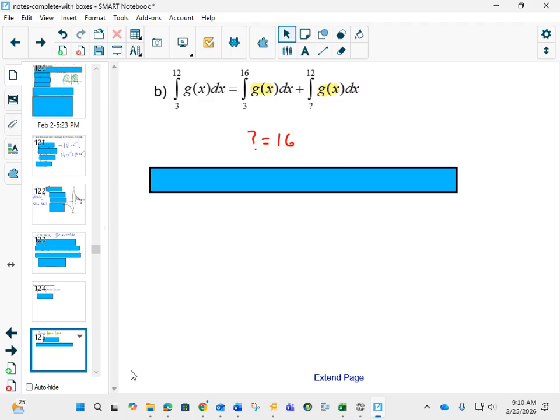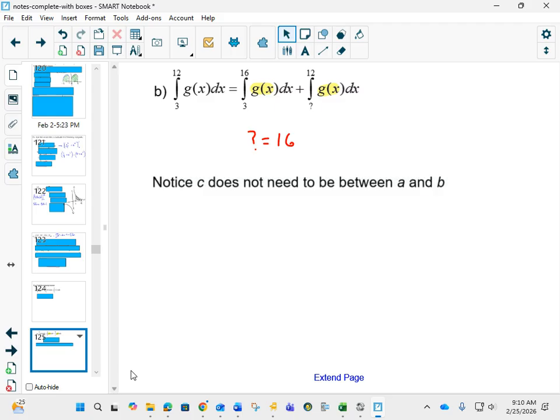If I make this a 16, and then I use the negative to put the 16 on top and the 12 on the bottom, then I go from 3 to 16 and then 16 back to 12, that would be the same as going from 3 to 12. But it's a little bit of trickiness there.